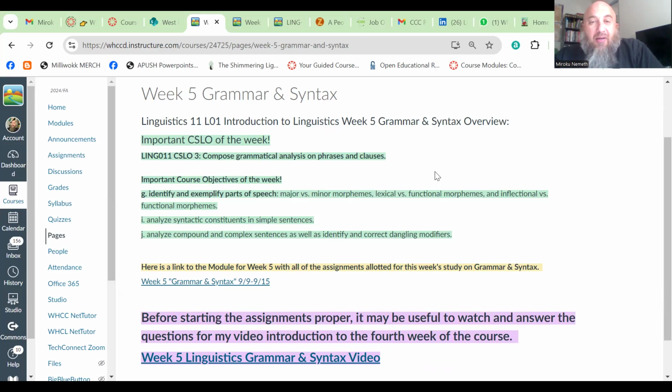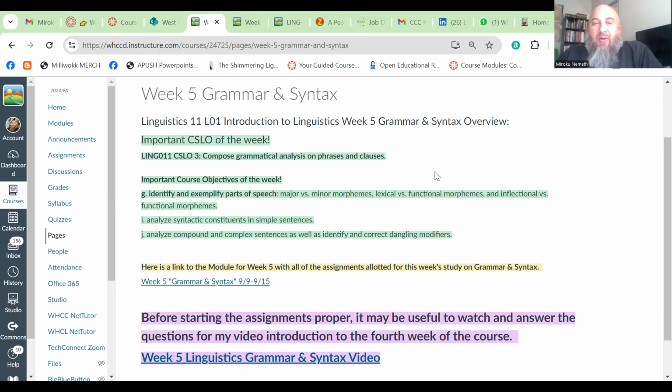Analyze syntactic constituents in simple sentences and analyze compound and complex sentences, as well as identifying correct dangling modifiers. Honestly, that won't be on the test, and I don't see any reason why they would put that in an introduction to linguistics course.